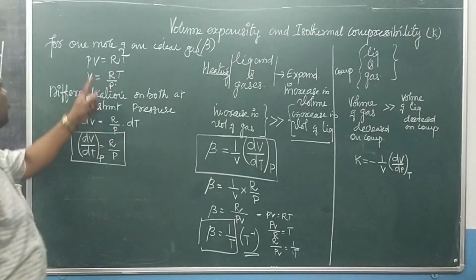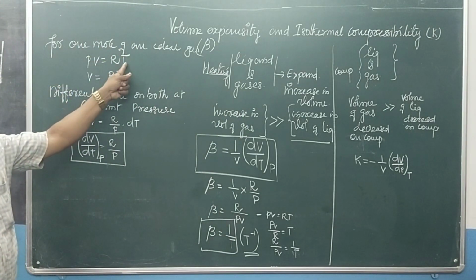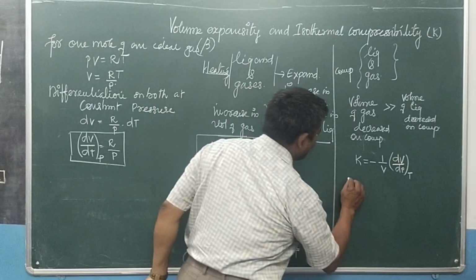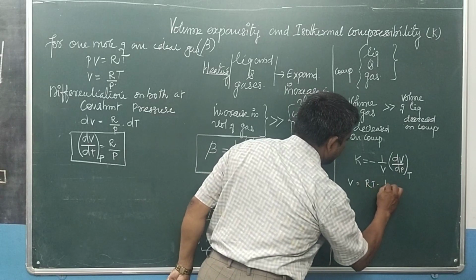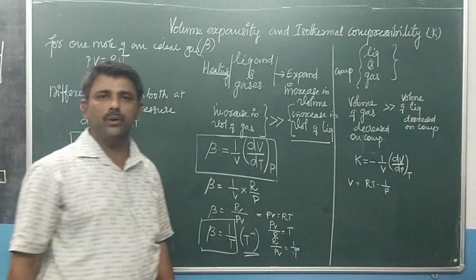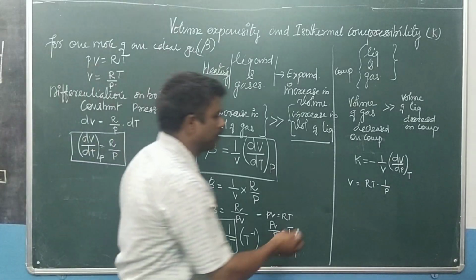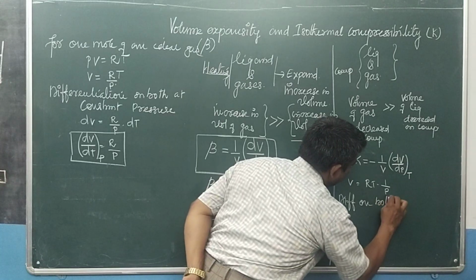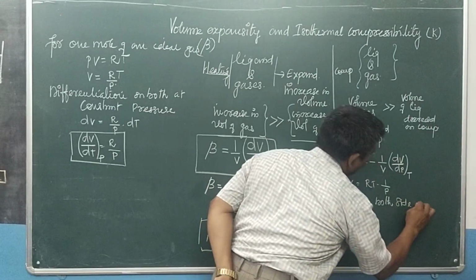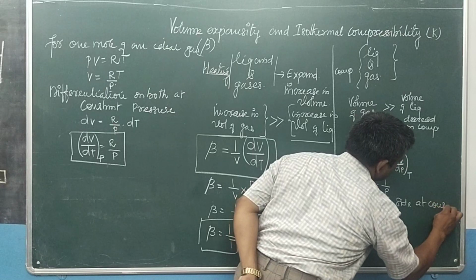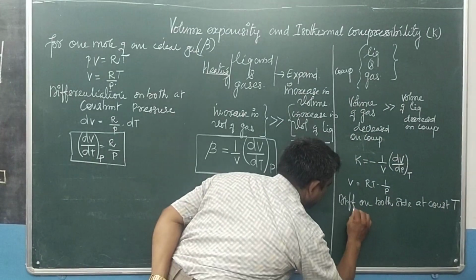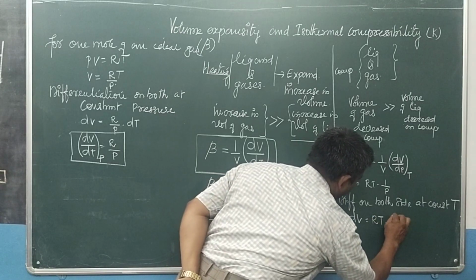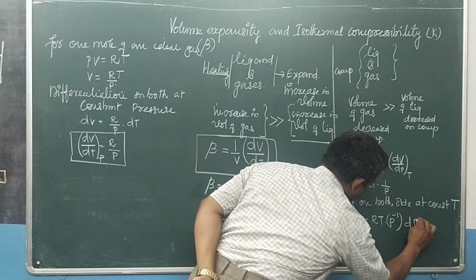Again, for 1 mole of an ideal gas, PV is equal to RT. V is equal to RT into 1 by P. Now I am going to differentiate on both sides at constant temperature. So dV is equal to RT, P power minus 1 into dP.